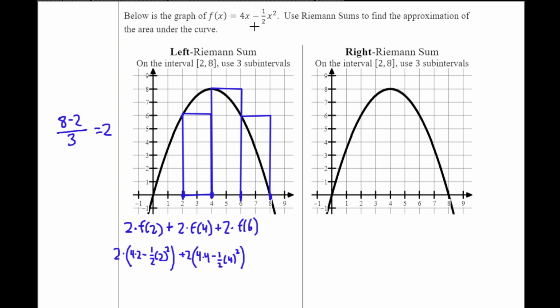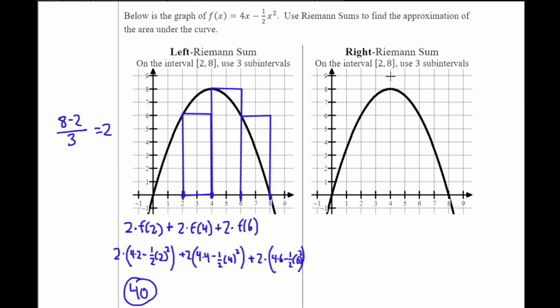Again, we're just plugging the 4 into the function. Now we're finding f of 6, 2 times plugging in 6 in the function. Instead of 4x, it's 4 times 6 minus 1/2 times 6 squared. And if you do that all on the calculator, you get 40.